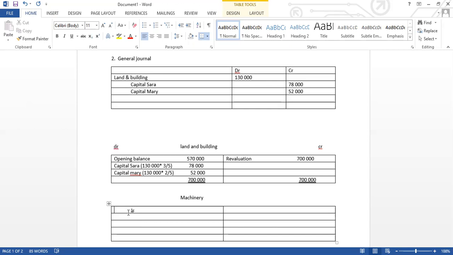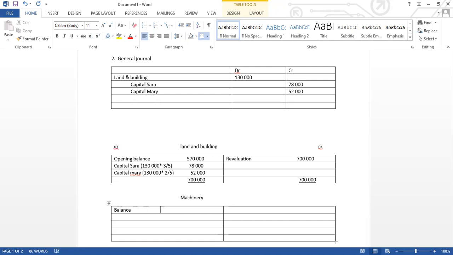Please do not use the cost price. You always use the carrying amount. And I repeat, do not use the cost price. Always use the carrying amount. So machinery had a carrying amount of 80,000 and then it was revalued to 90,000.